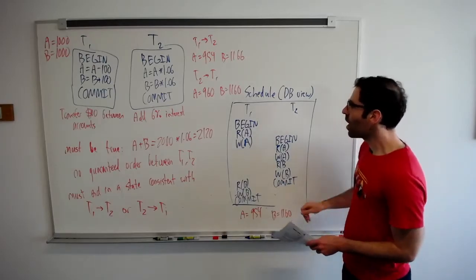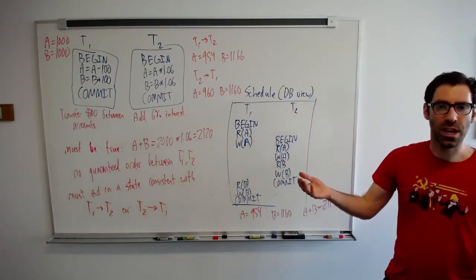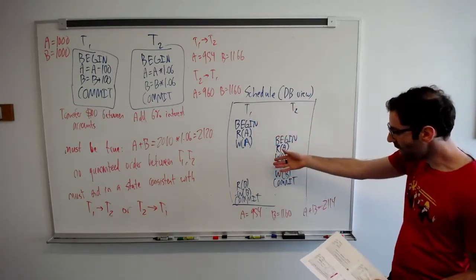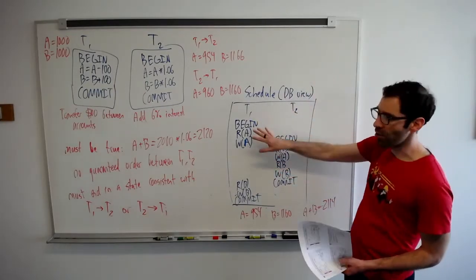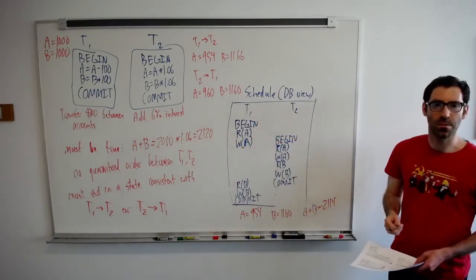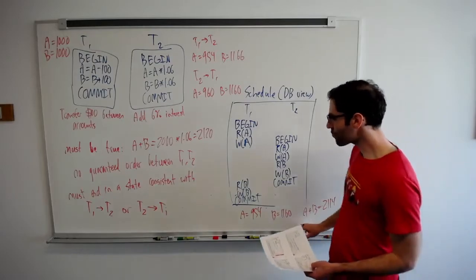And so how do we know if a schedule is correct? I've gone through particular examples with, all right, we can have a good interleaving, we can have a bad interleaving where some data goes missing.